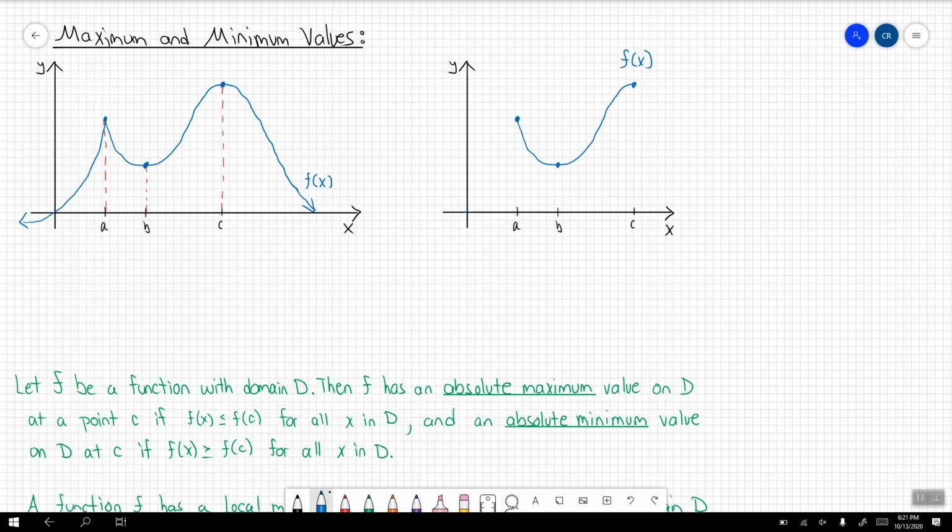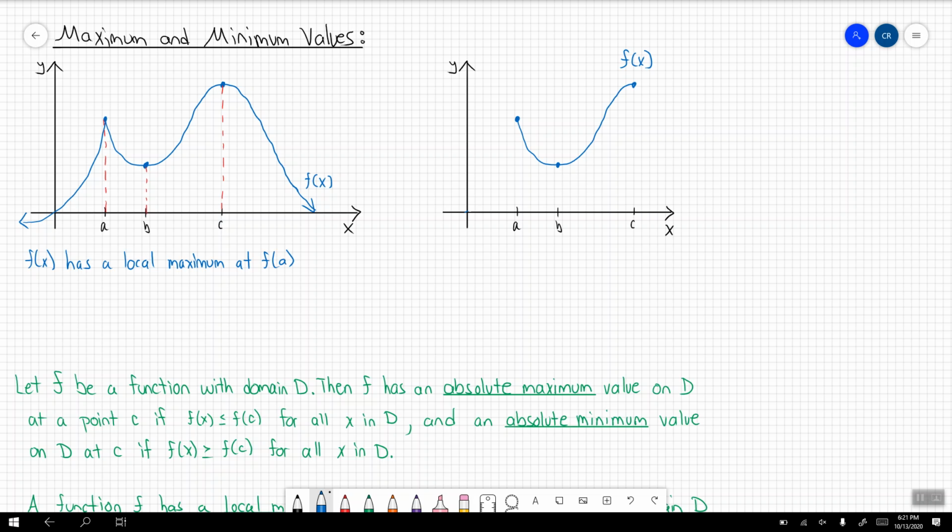So in this particular graph on the left-hand side, we're going to say that this graph f of x has a local maximum at f of a. In other words, the output of the function at the value of a.